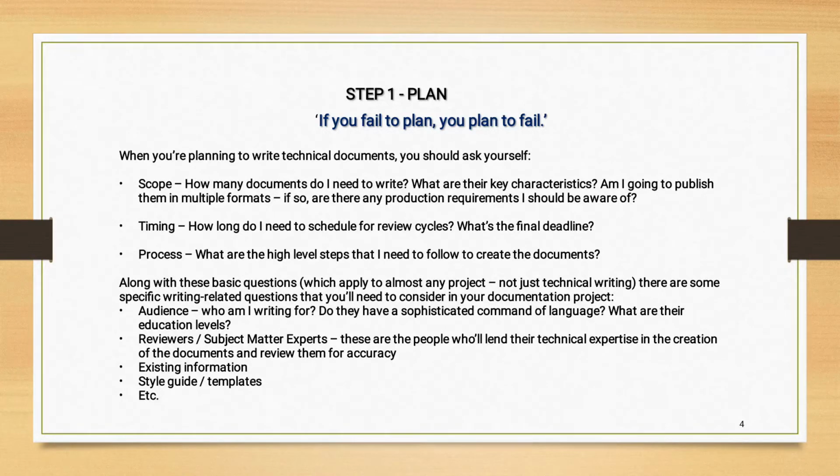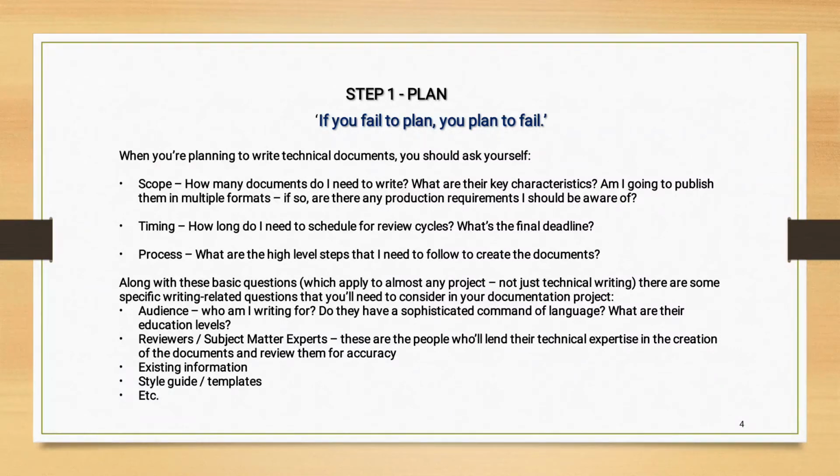As you all can see, here I have said that before you start planning, the things that you should ask yourself or keep in mind is the scope, that is how many documents I need to write. Just as I had previously told you all the things that I require to do the planning, the same things are mentioned here: scope, timing, and process.